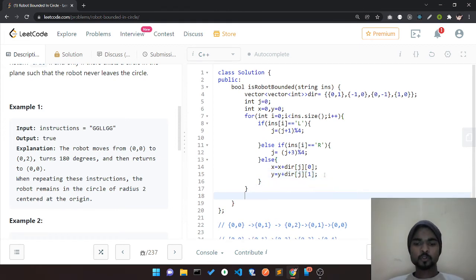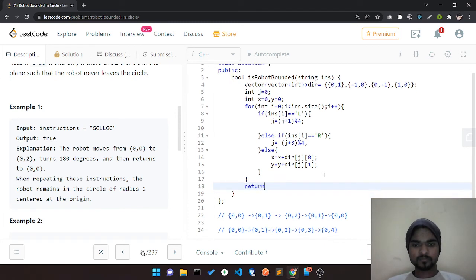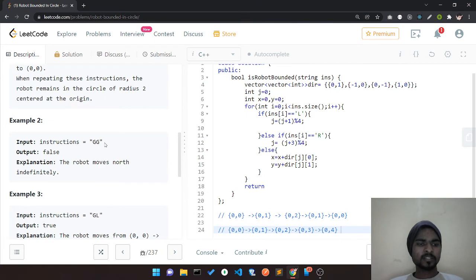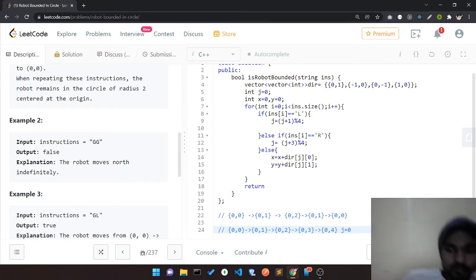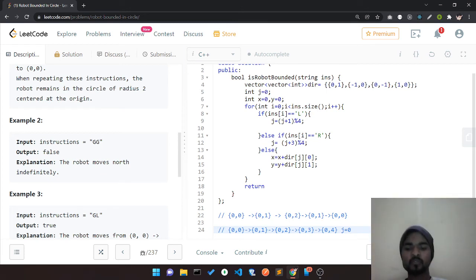And that can execute. One thing I notice in this scenario is that my j is pointing to 0. When j is equal to 0, it is always pointing north, so j is always 0.